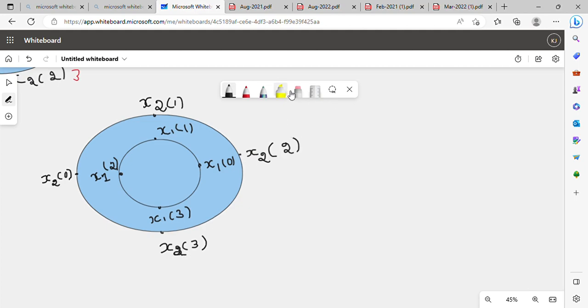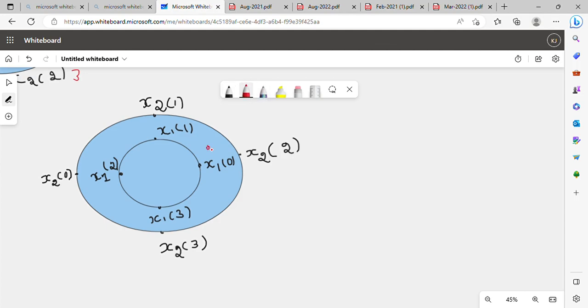You got it? Just a minute. Okay. So this is the diagram, students, and now I'll write the values.